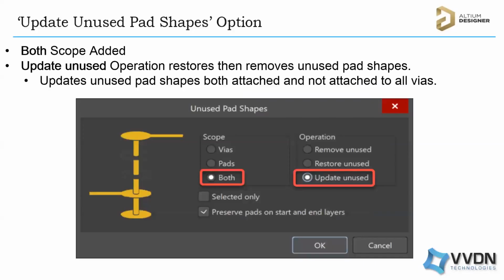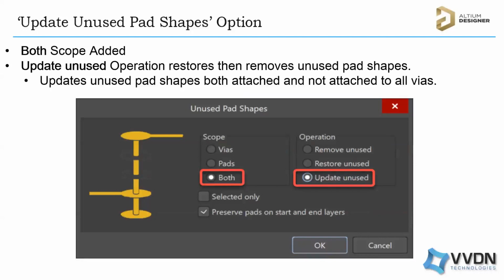So next, the feature is when you have, suppose, unused pads and vias in your design. Previously we removed the unused vias, and later, suppose you needed to restore them, so we restored.